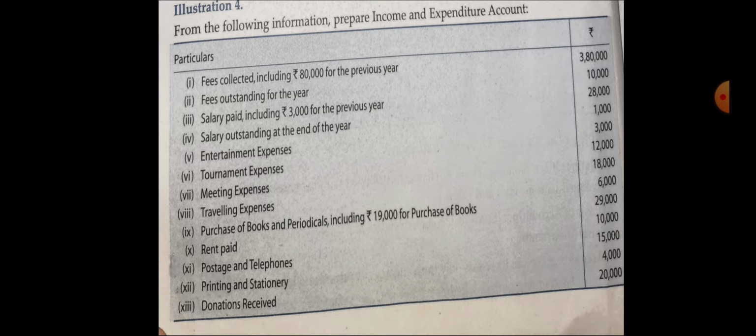Fees collected including rupees 80,000 for the previous year. In the amount column you can see 3,80,000. So we have fees collected. That means it is an income collected by the not-for-profit organization. And in 3,80,000 there is an amount of 80,000 of the previous year.